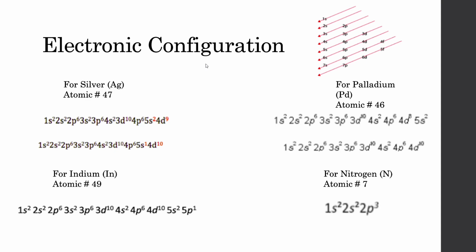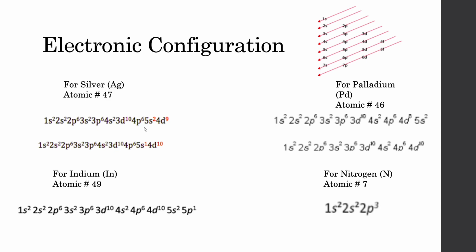First off, the electronic configuration. We can use our triangle of SPDF orbitals to arrange the electrons. For silver, we have an atomic number of 47, so it has 47 electrons. We can arrange that like so.